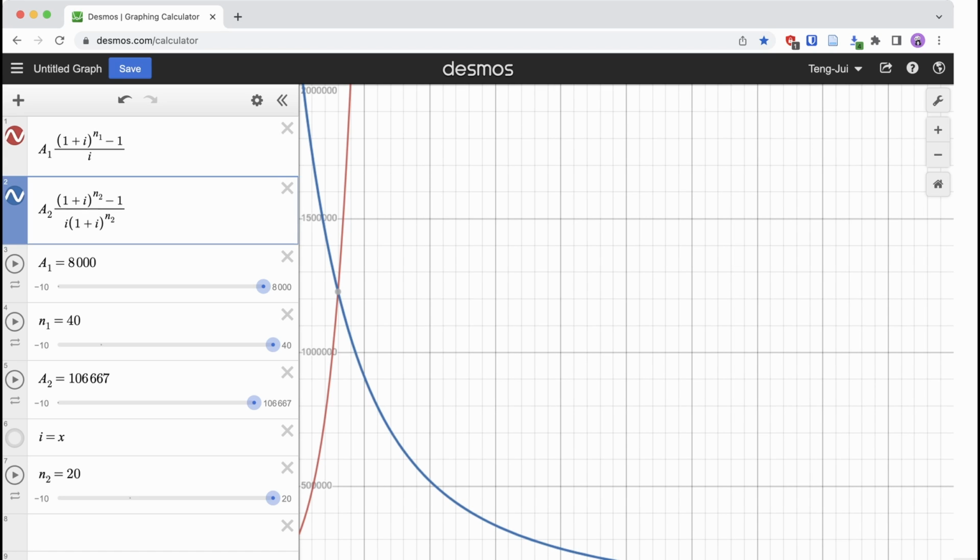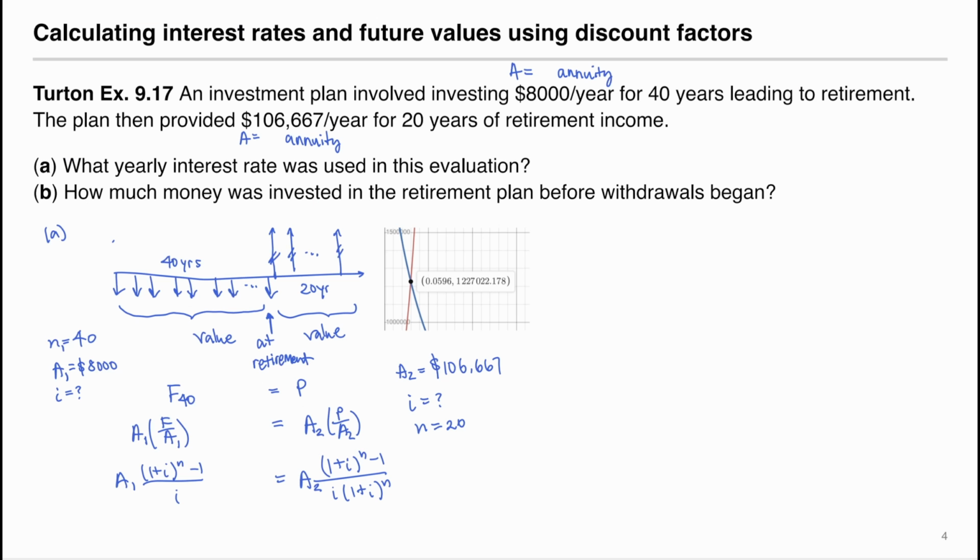The intersection here, the interest rate should be 0.0596. Therefore, we have an interest rate of i equal to 0.059. And remember, n should be distinguished as n1 and n2. This can be converted to a percentage, around 6%.